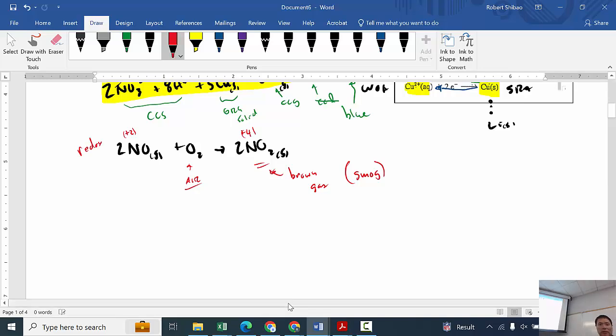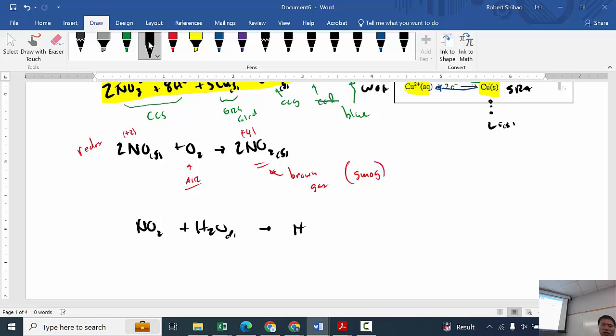But the next reaction that they're doing is an acid-base reaction. It's a Lewis acid-base reaction, in which we take NO2 and H2O. And do you know what this forms? Maybe this is going to be a redox reaction too.